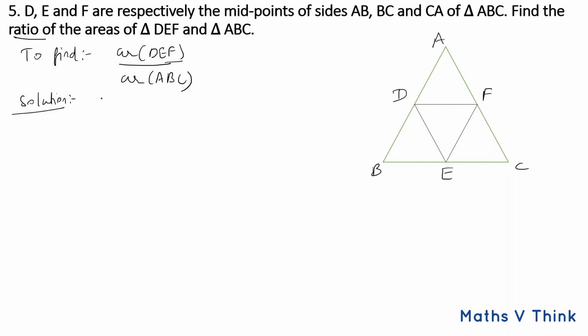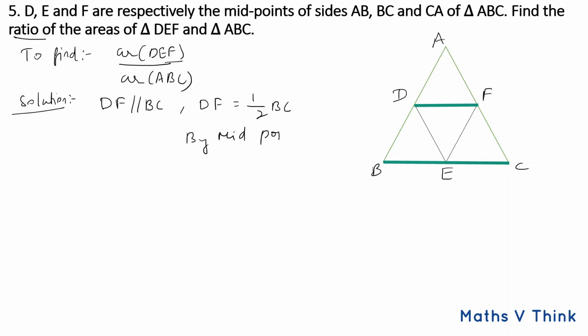Now, can I tell DF is parallel to BC by midpoint theorem, and also I can tell DF is equal to half of BC by midpoint theorem. Midpoint theorem you have already studied in your class 9th standard.